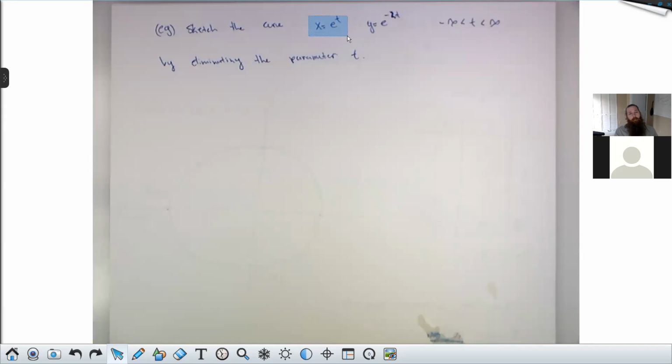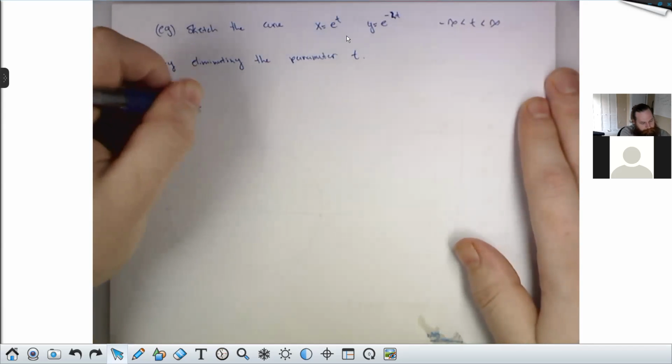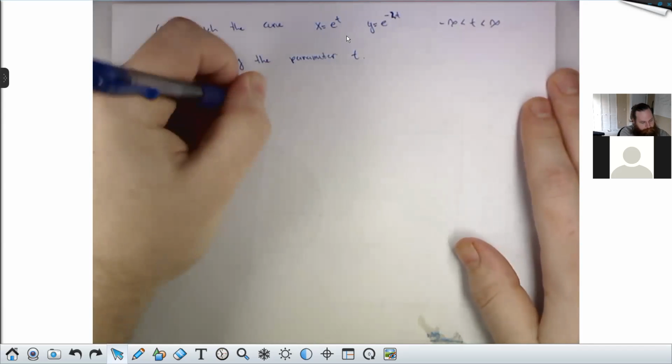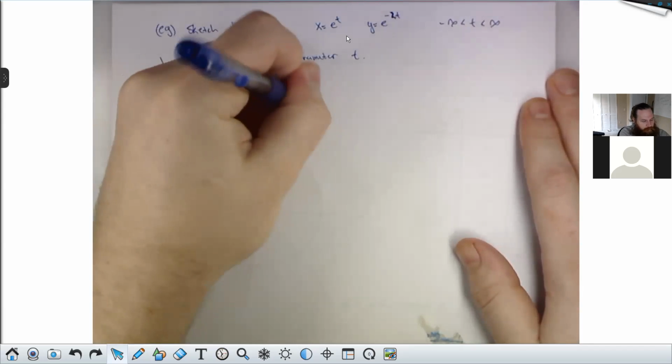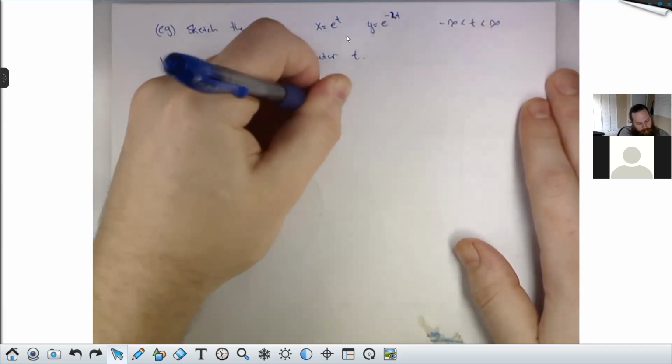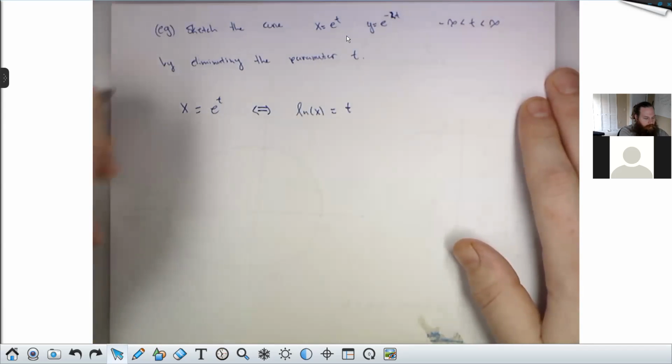We could come here and solve the x equation for t. Yeah. If you take the natural log on both sides, this says that the natural log of x is equal to the natural log of e to the t, which is just t.